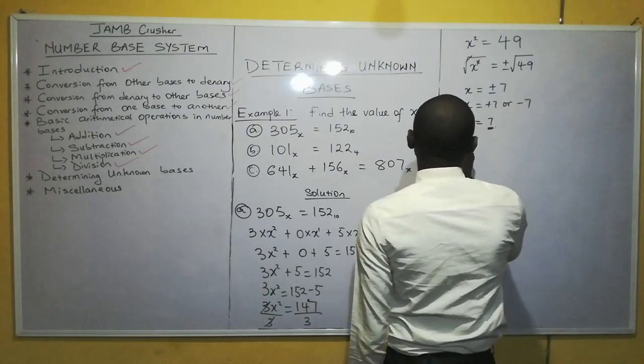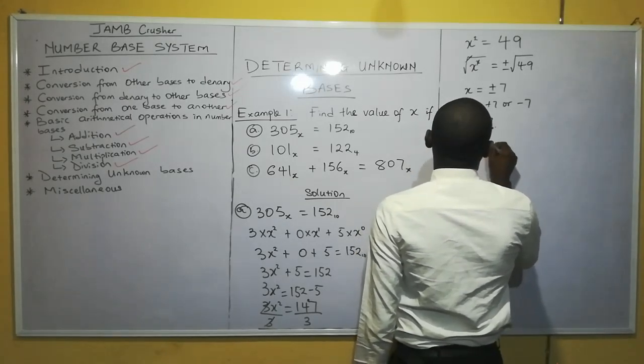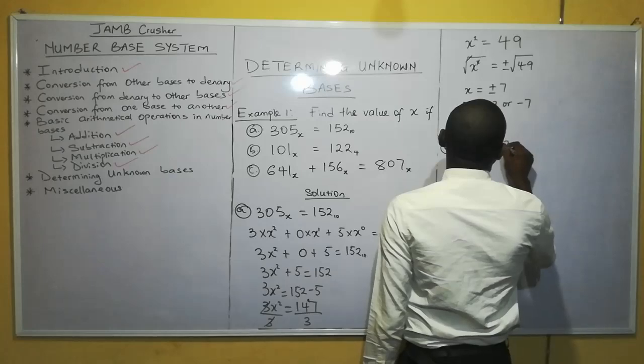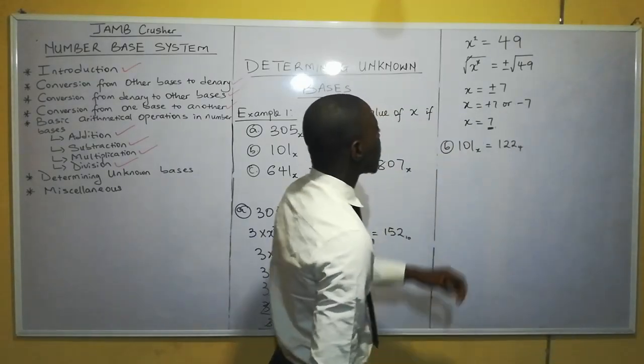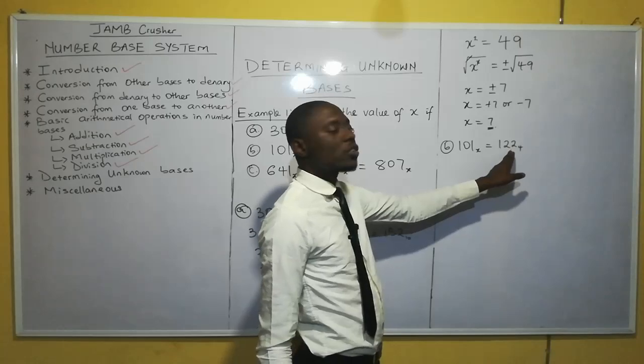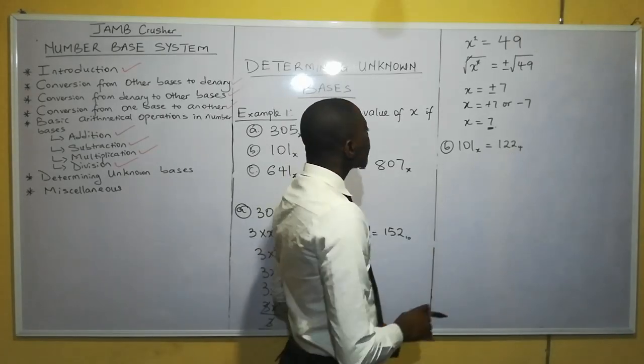For the B part of the question, we have 101 in base x is equal to 122 in base 4. It is similar to the A part of the question, except that we are converting this to base 10. So we have to expand this in the powers of the base.